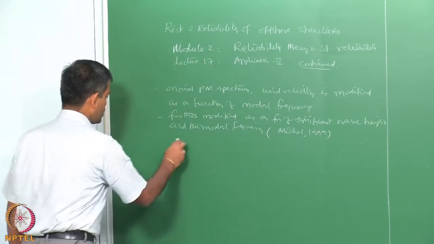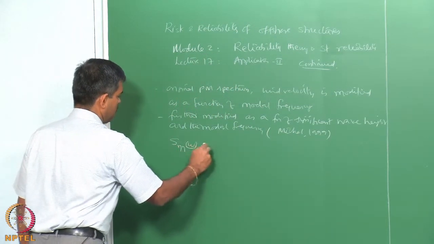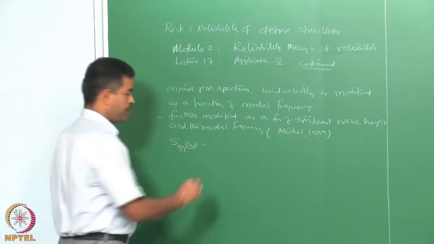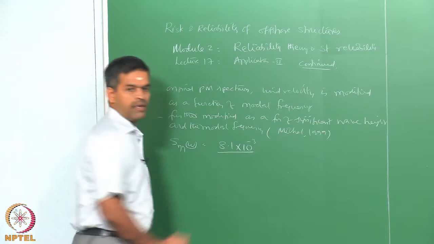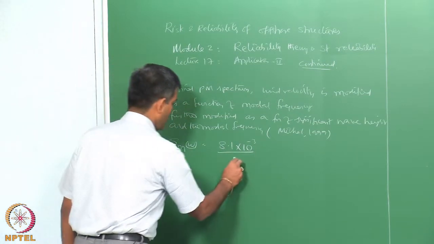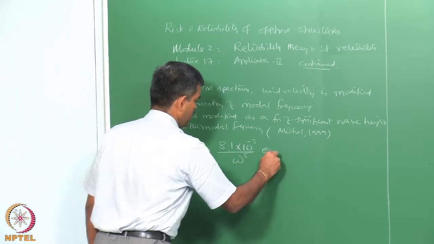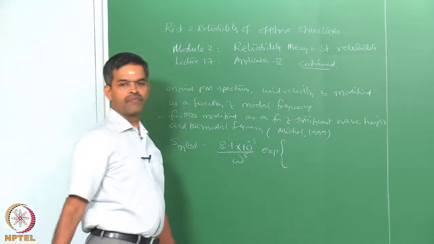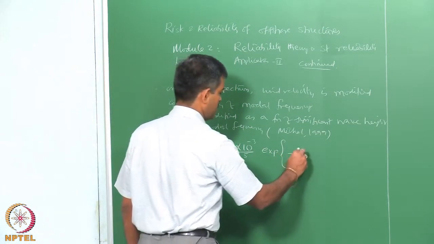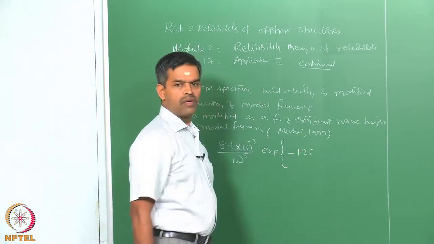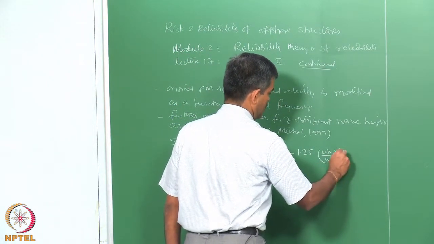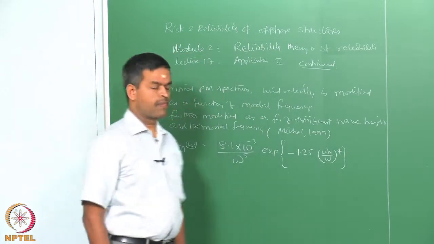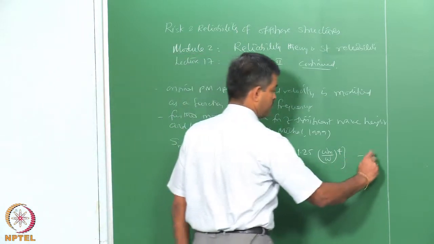I will write down the equation for continuity: S eta eta omega equals 8.1 times 10 power minus 3 g square by omega 5 exponential minus 1.25 omega m by omega the power 4. Equation number 1.